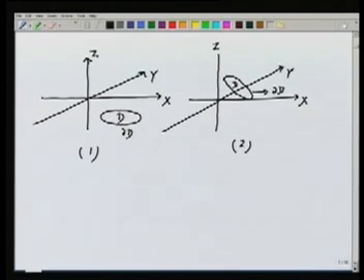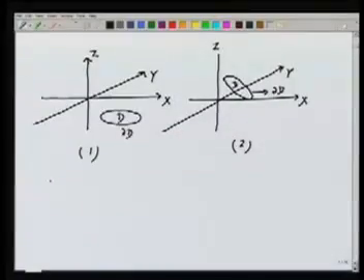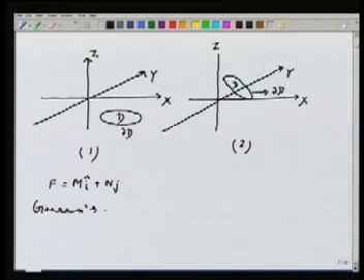Now to understand that, we need a restatement of Green's theorem, usually known as the vector form of Green's theorem. Well, it is just as follows. Consider the function f, which is, as I said before, mi plus nj. Then Green's theorem states the following. This is called the vector form.